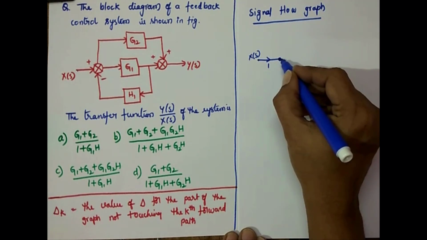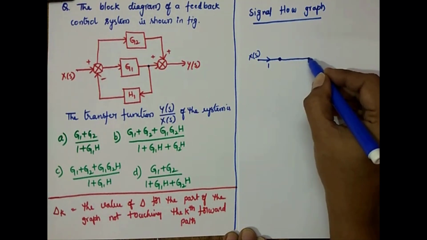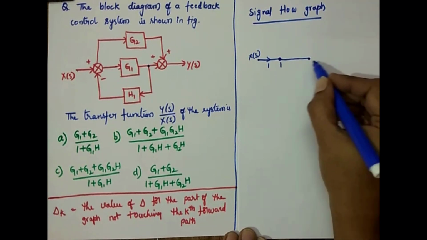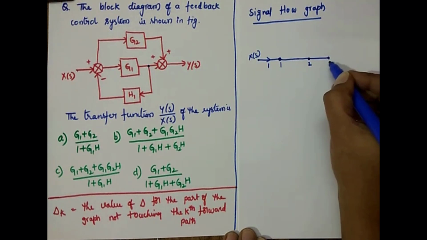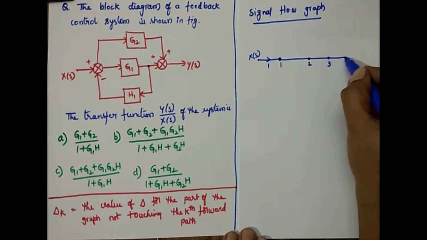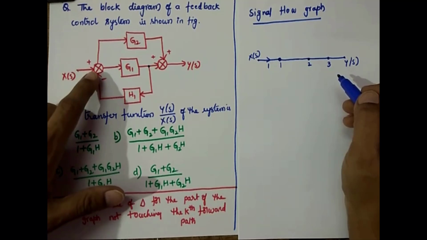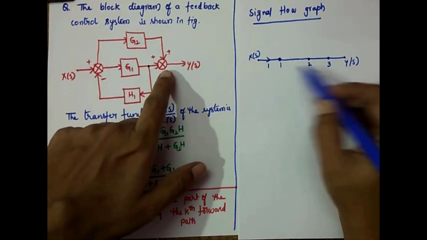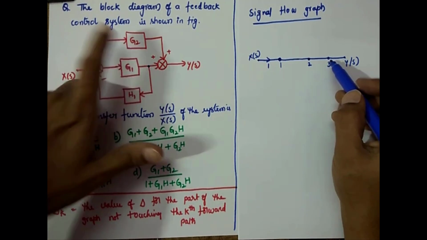And then you have another takeoff point, so let it be node 1 and 2. Then after the takeoff point, you have again a summing point. So take 3. And you have the output Y(s). So now we'll fill all these things. Between node 1 and 3, you have the forward gain G2.